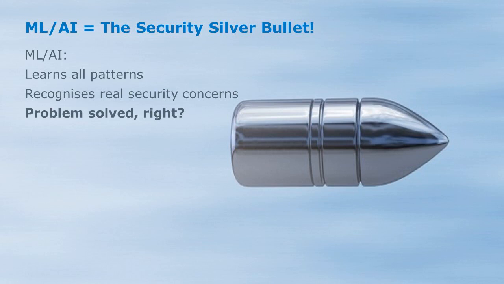Perhaps if we read some of the marketing materials, we might well think it is. It's going to learn all the patterns in our environment. It's going to recognize and surface all of the real security concerns. There'll be no false positives, and the problem's completely solved, right?